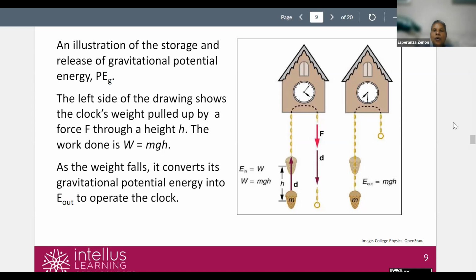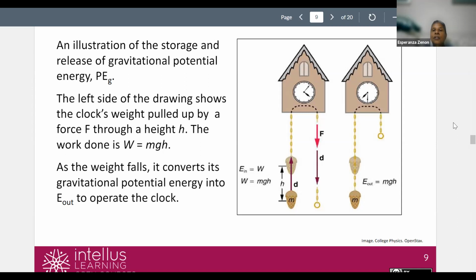And as you pull and move that chain through a displacement D, the bob, that's the little, to me, it almost looks like an acorn shape, but anyway, it's a bob that's hanging at the end of the chain.